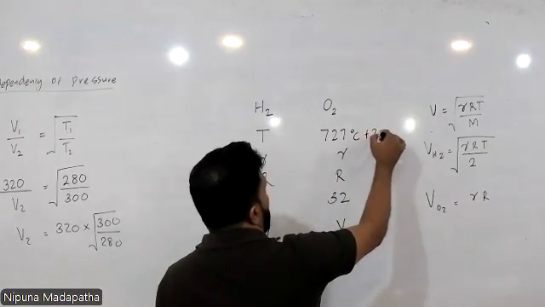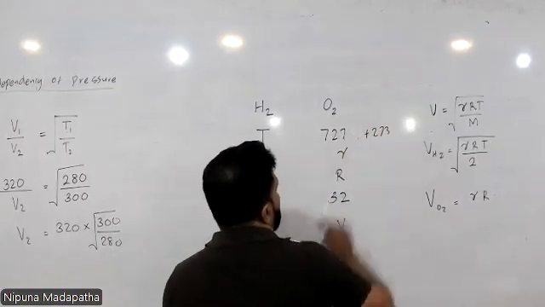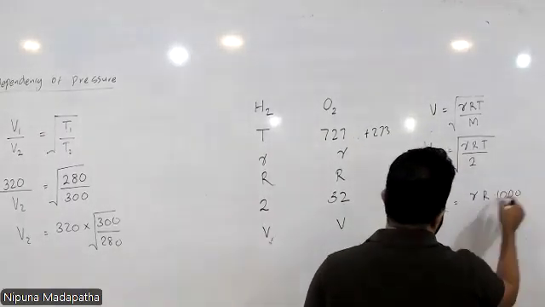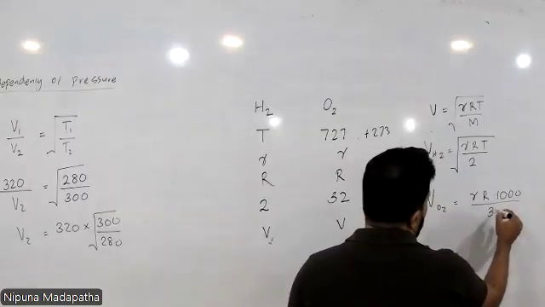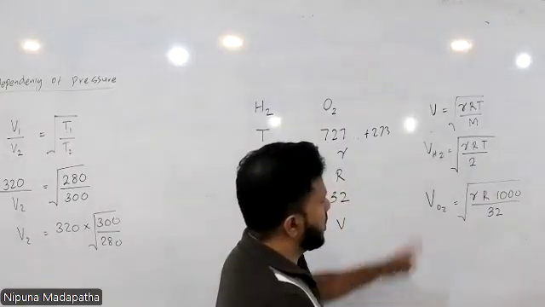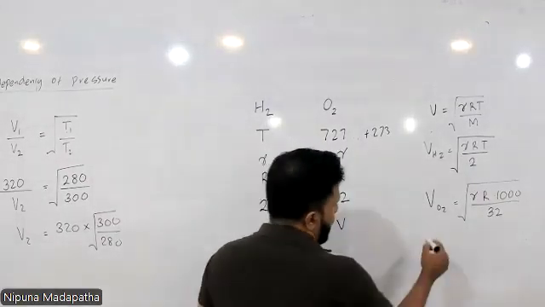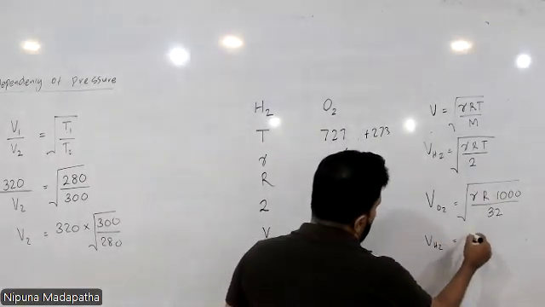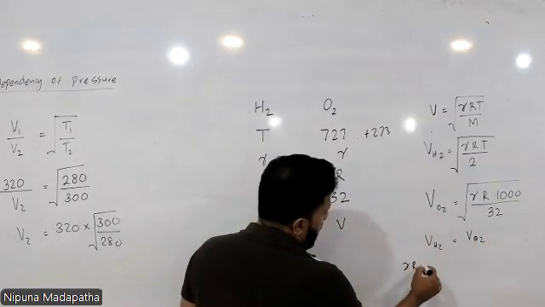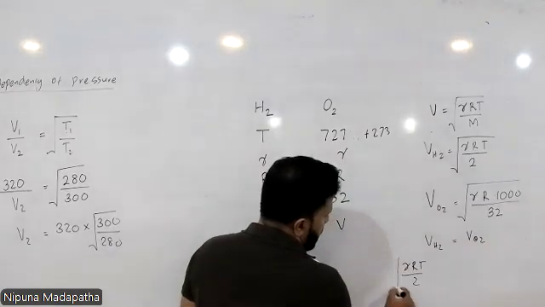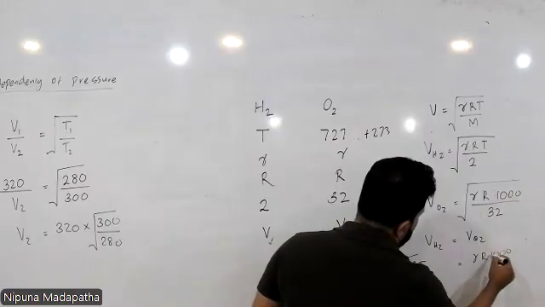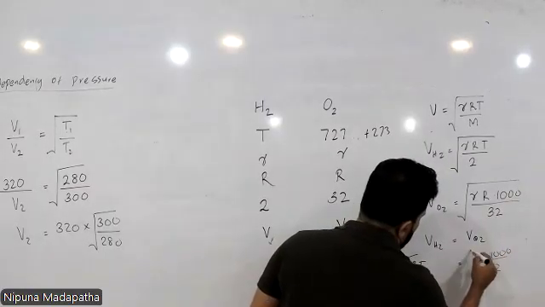Temperature 727 plus 273 gives the Kelvin temperature, which is 1000. Molar mass of O2 is 32. Now the question says both speeds are the same, so equate the expressions. Square root of gamma RT over 2 equals square root of gamma R 1000 over 32.